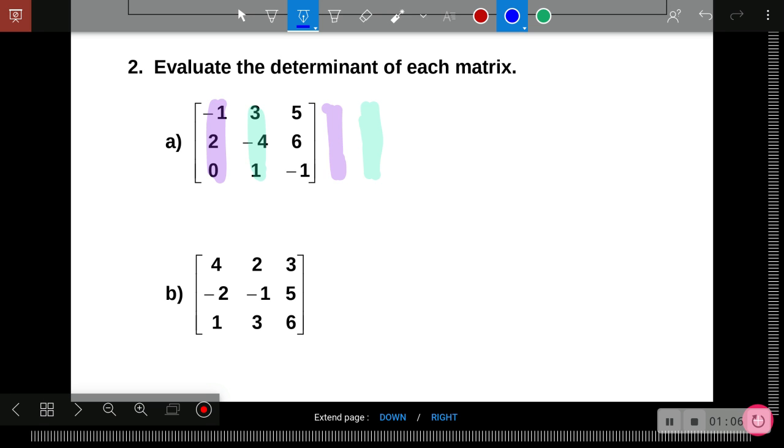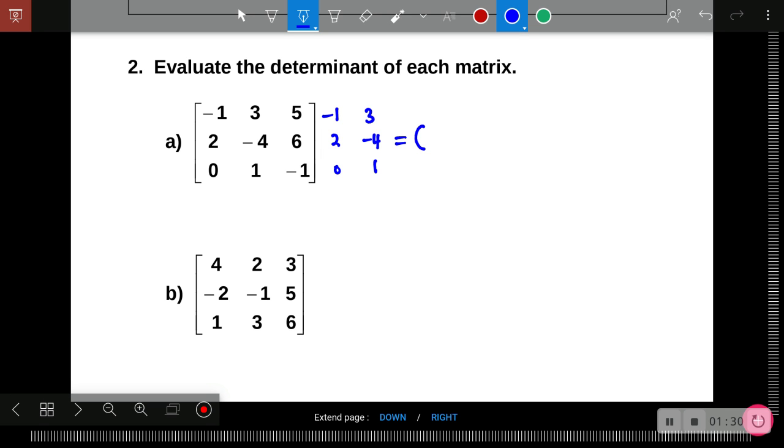We've got a first column that's -1, 2, and 0. And a second column that's 3, -4, and 1. Now, once you've replicated those columns, you want to start by setting up the next part of this.